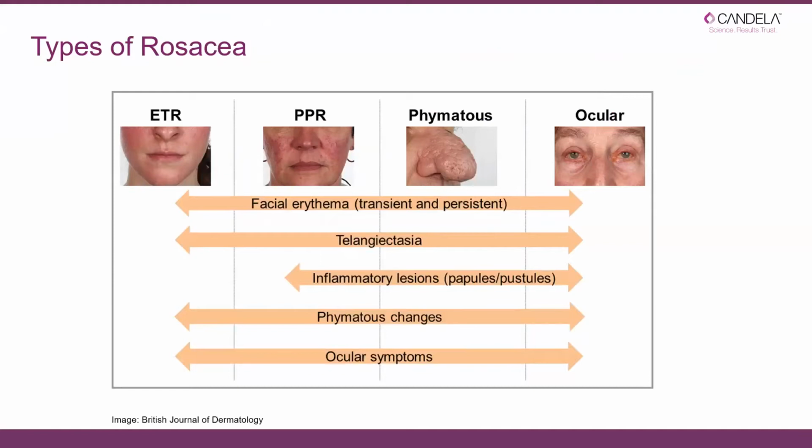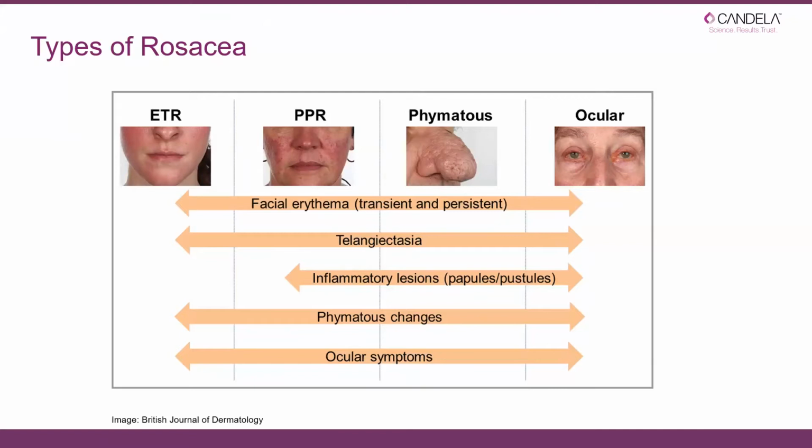We start generally, the first presentation of rosacea is normally some erythema, so some diffuse redness, and this may also be associated with small thread veins or telangiectasia.